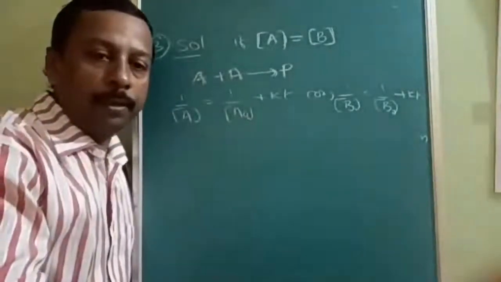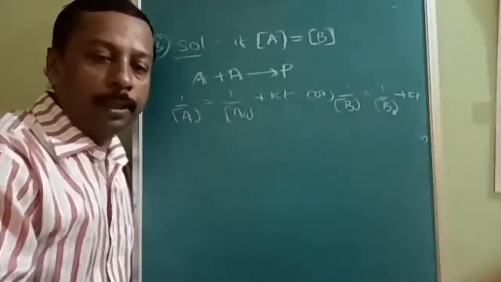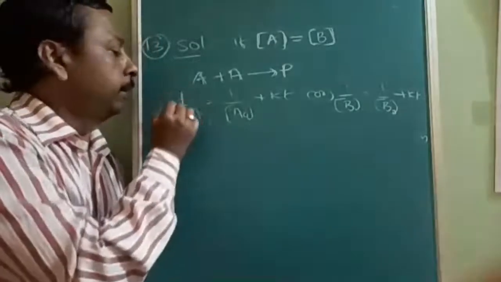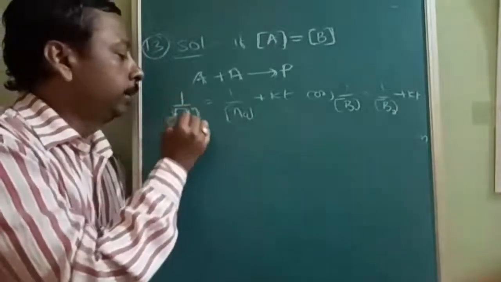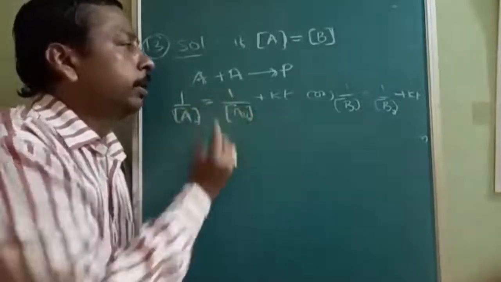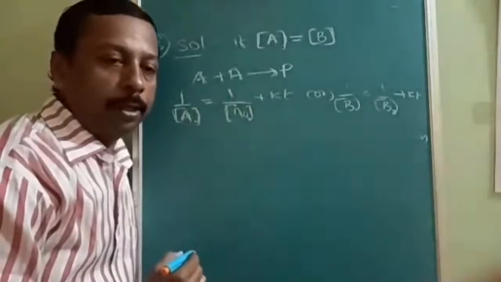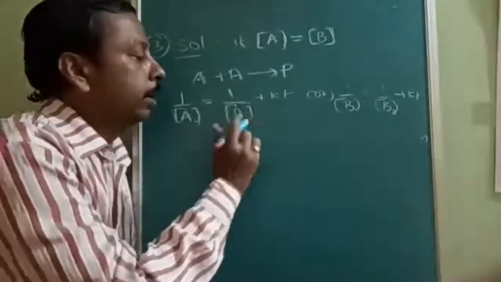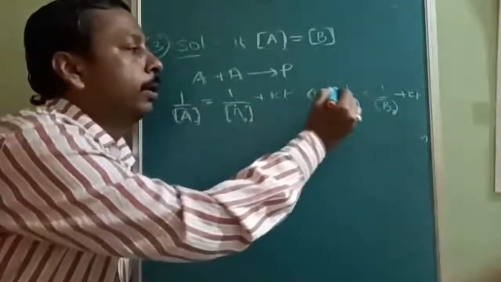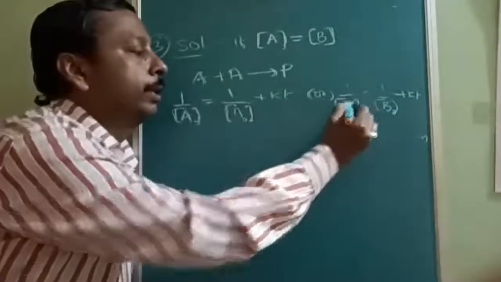obviously the rate law is that of a second order reaction with respect to a single reactant. There are two types of second order reaction: second order with respect to two different reactants, and second order with respect to a single reactant.